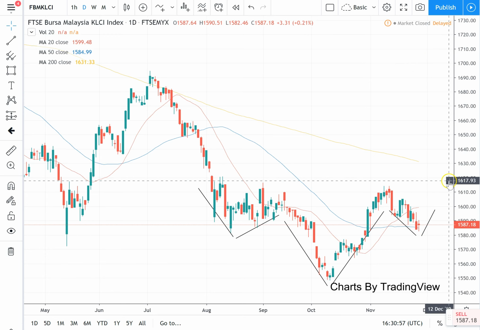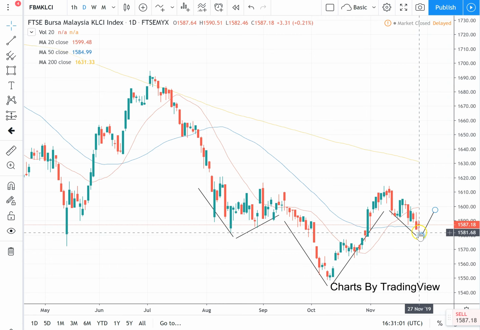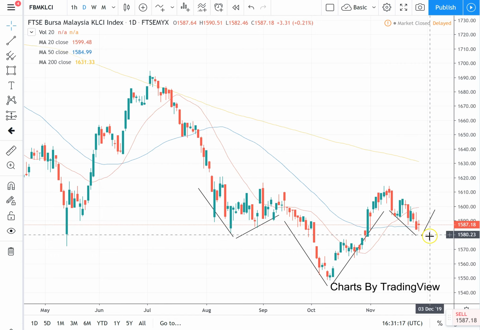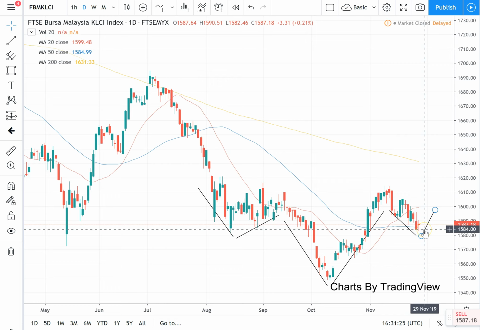Today we can see that the KLCI is sitting along the 50 MA. The 50 MA can usually be a support area. Some people use it as a trade entry, but some people only use it as a support analysis. You have a doji here that formed in today's trading at the 50 MA.